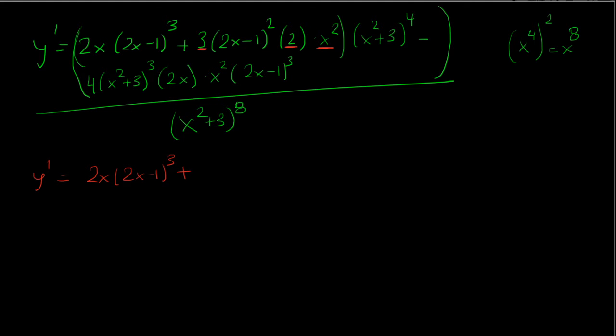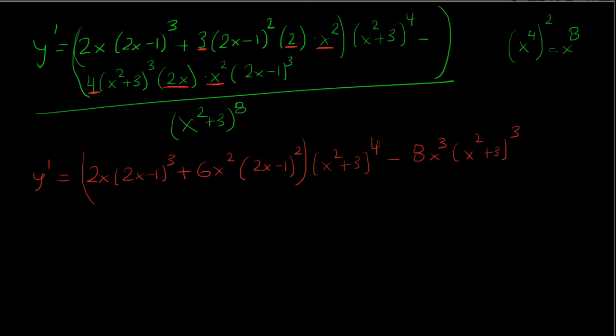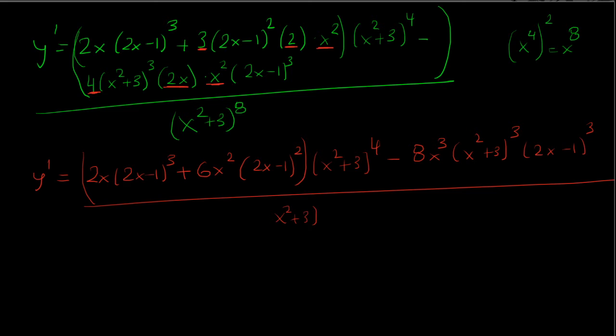And then we're going to multiply those, so it's going to be 6x squared times 2x minus 1 squared times x squared plus 3 to the fourth minus, and now we're going to simplify this thing, so we have 4 and x squared and 2x, so that would be 8x cubed and x squared plus 3 cubed, 2x minus 1 cubed, and it's going to be all over x squared plus 3 to the eighth.